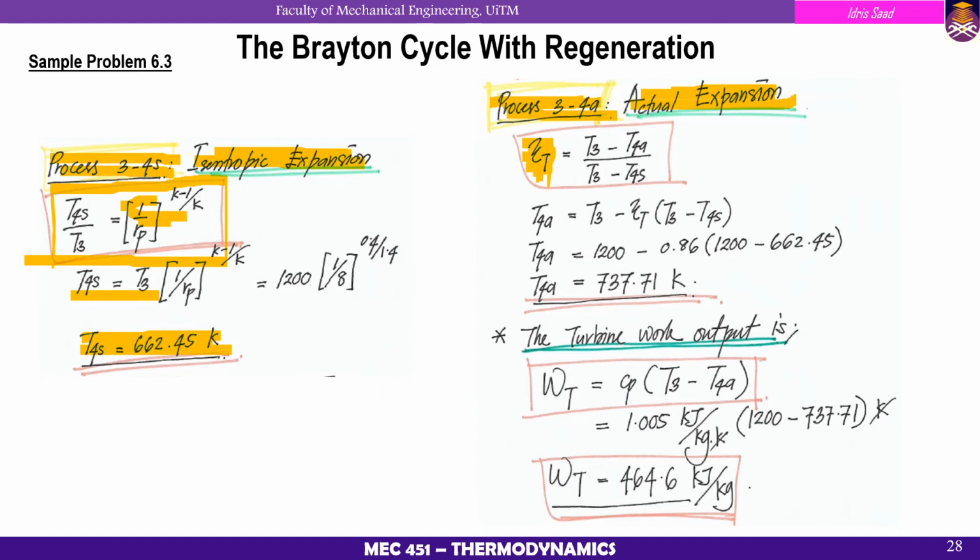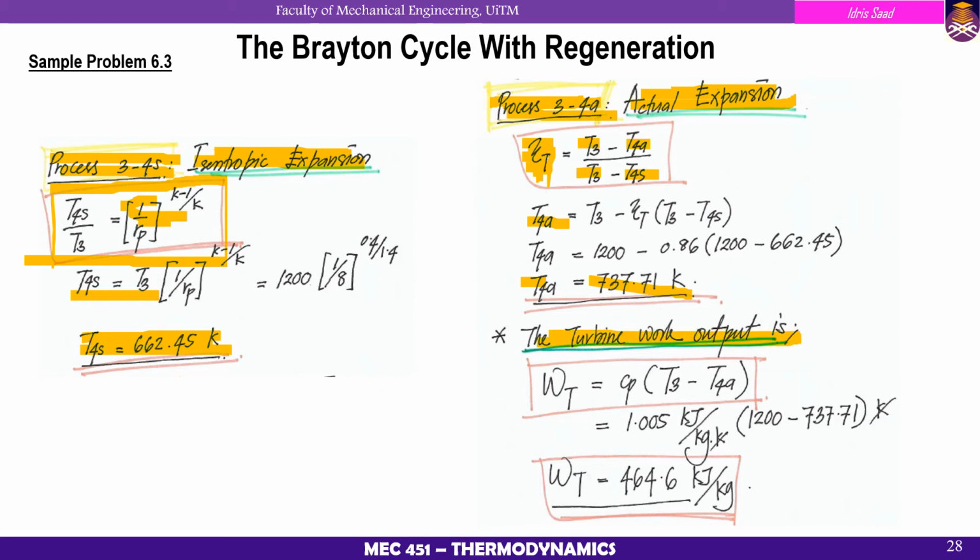So we put here the efficiency of the turbine, which is equal to T3 minus T4a over T3 minus T4s. We can rearrange this equation and get T4a is equal to 737.71 Kelvin. Based on our calculation, we can now determine the turbine work output.